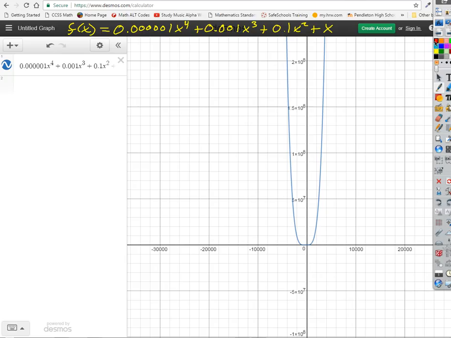The only term that mattered was the term with the biggest power of x, and we call that the leading term. So that makes life pretty easy. If we want to know what the end behavior is of a function, just look at the end behavior of the leading term and forget about the rest of it.